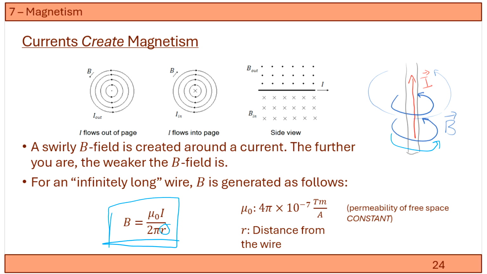And you can just plug in r, which is the direct distance from the current to the point that you're interested in, let's say point P. And I is, of course, the current value in amps. Mu naught is just a constant, which has units of Tesla meters per amp. And these are the two things that we need to really get this problem going.